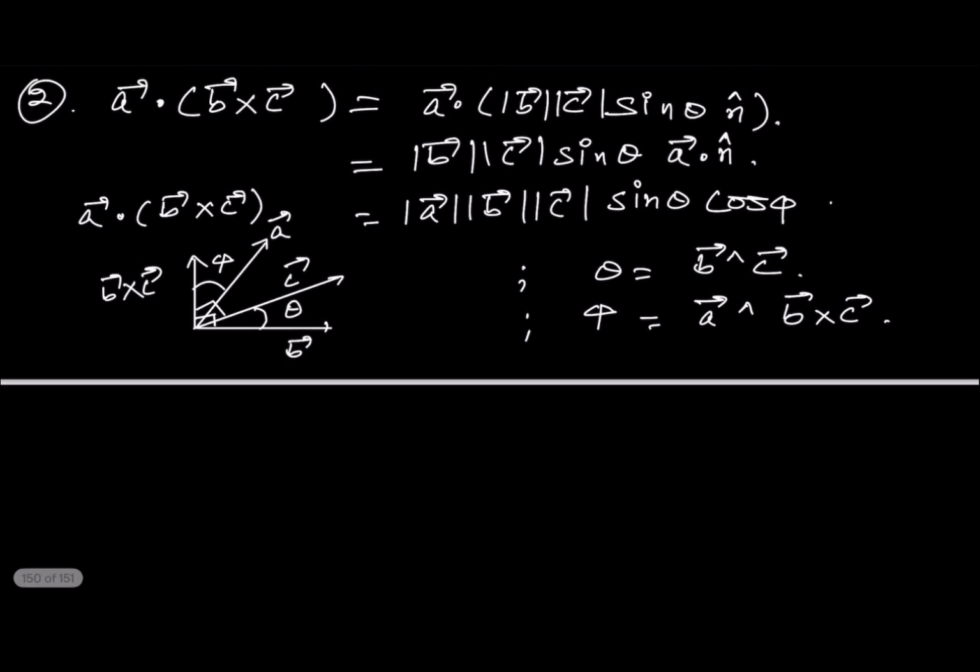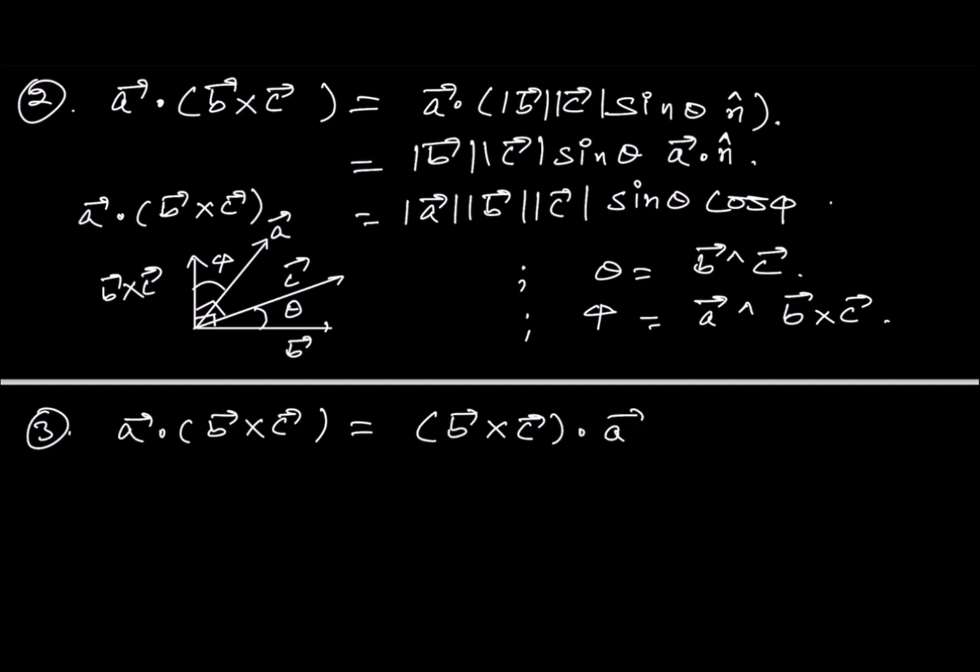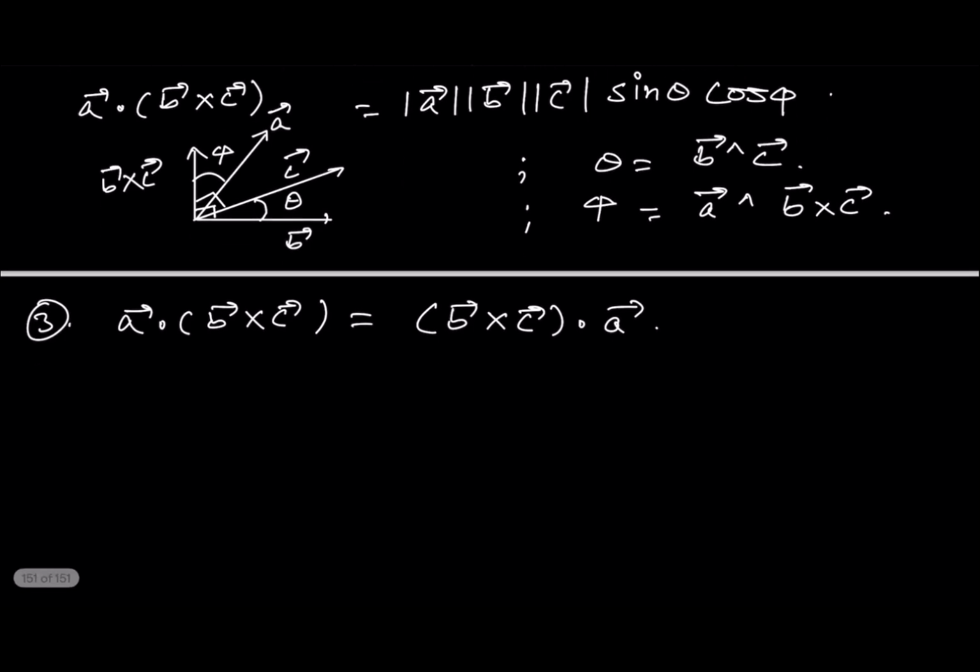Now point number 3. A dot B cross C is equal to B cross C dot A, because we know very well the dot product is commutative. So we can write this. Point number 4.